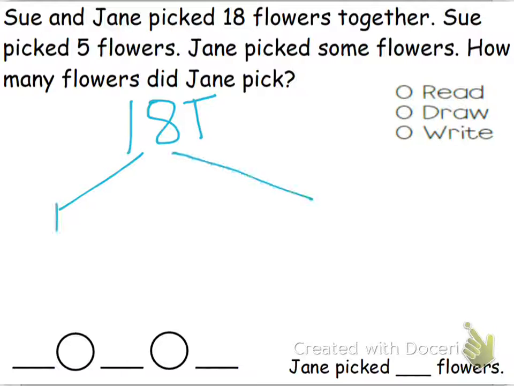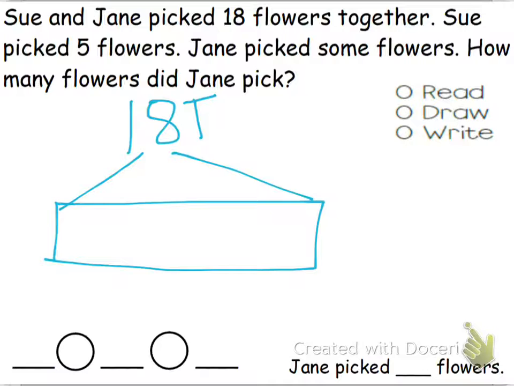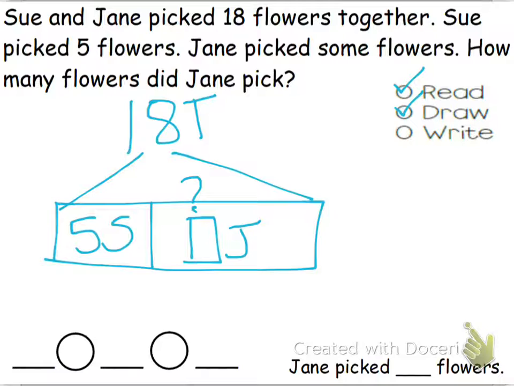So we know this is how many that they did all together. Sue picked 5 flowers. So we know that Sue picked 5. This is going to be how many Jane picked. Do we know how many Jane picked? No. We have to figure that out. So now I'm going to put a check that we read and we drew it. We don't have to add our missing part this time.